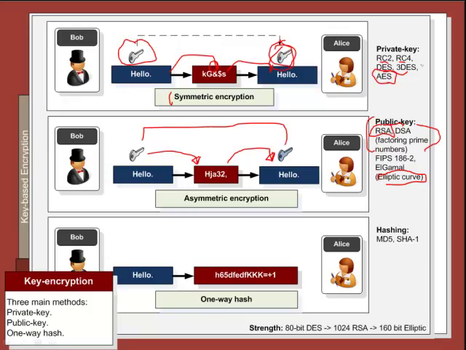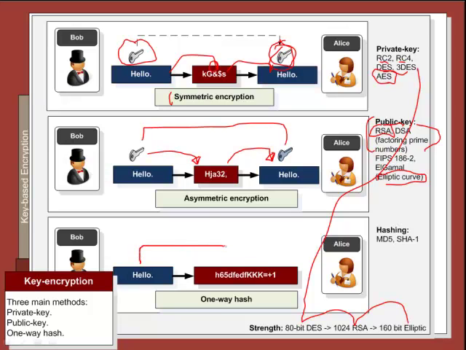To give you some idea of the strength of these keys, we can see that an 80-bit 3DES is equivalent to 1024 bits of RSA, which is equivalent to 160 bits of an elliptic curve algorithm. Our keys are generally getting larger as computing systems become more powerful.